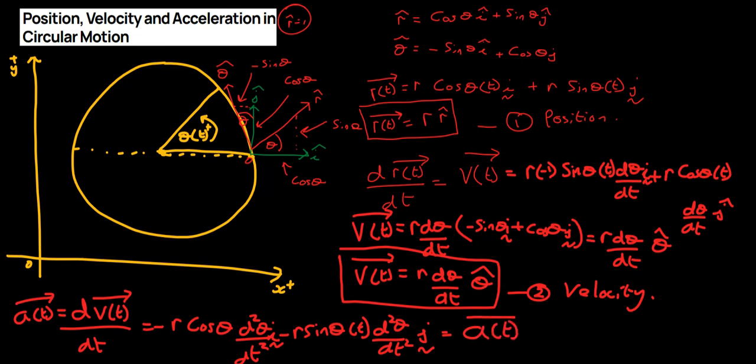Okay, so that leaves us, I hope you can all see this, with acceleration is negative r d theta dt squared, and our old friend cos plus sine theta. If we look at our unit vectors, this is r hat.